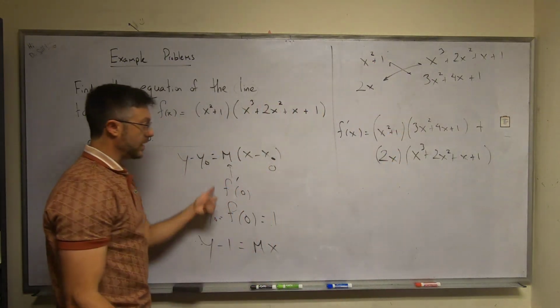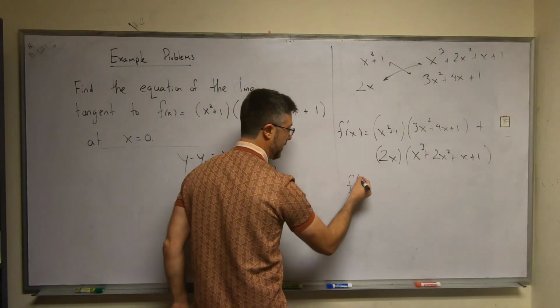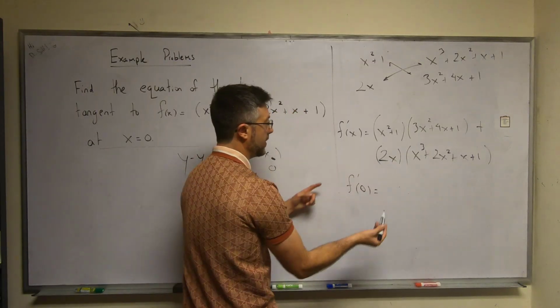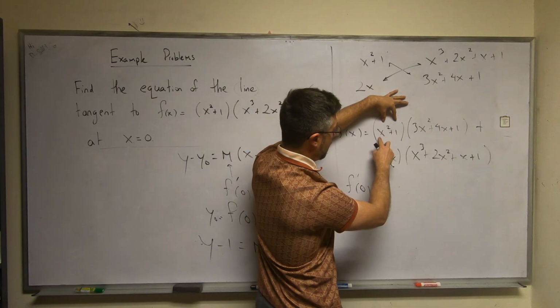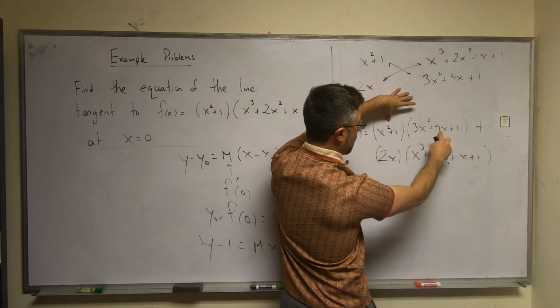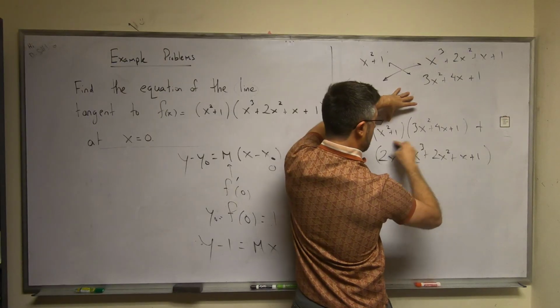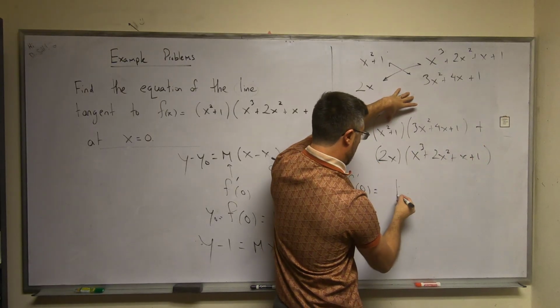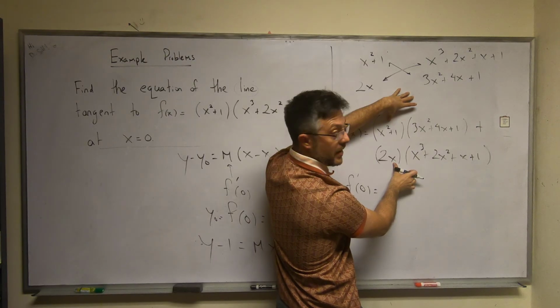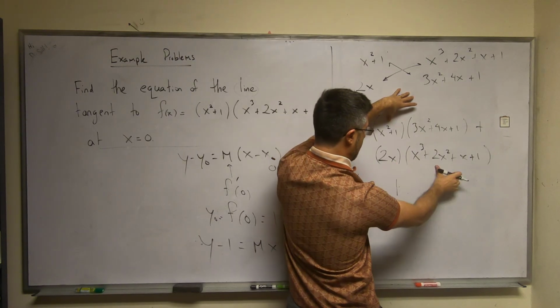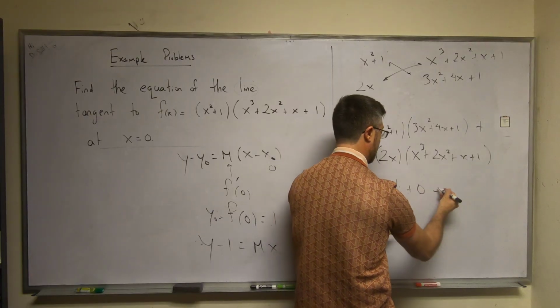Now we need to find m, the slope, by plugging in 0. But again, plugging in 0 makes a lot of these factors really easy. This first term becomes 1, 0, 0, 1. So this first piece in the summand is 1. And then here, if I plug in 0, that vanishes. 0 times anything is 0. So that becomes the value 1.